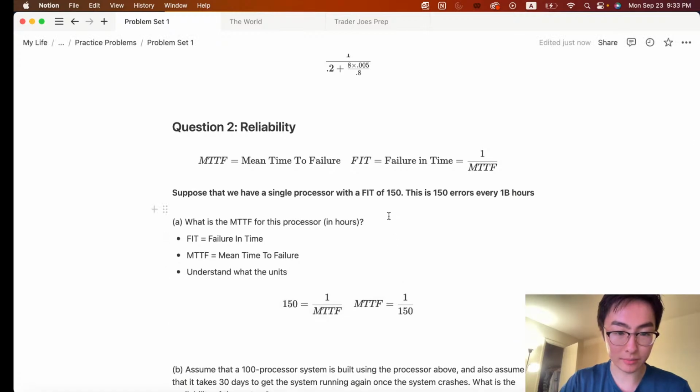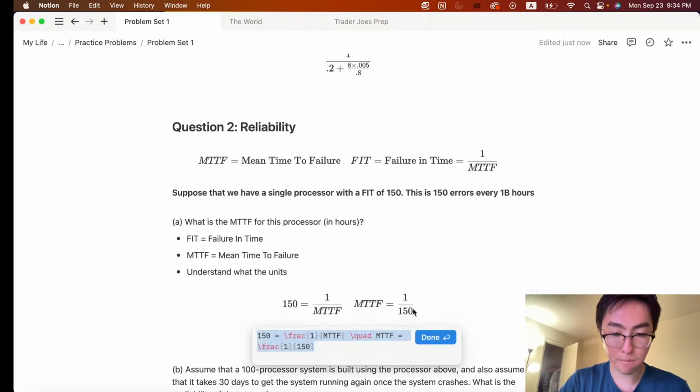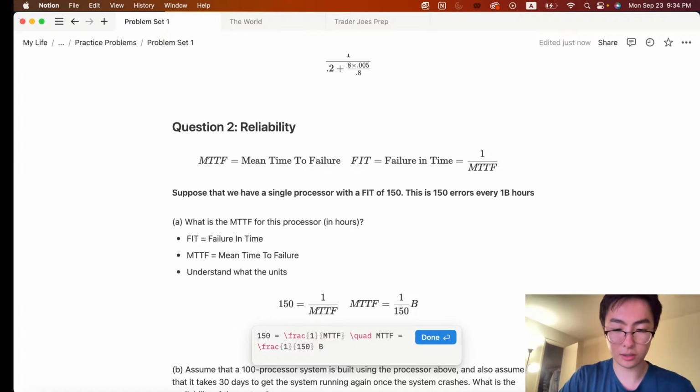So what is the mean time to failure for this processor in hours? It is equal to 1 over 150 per billion hours.